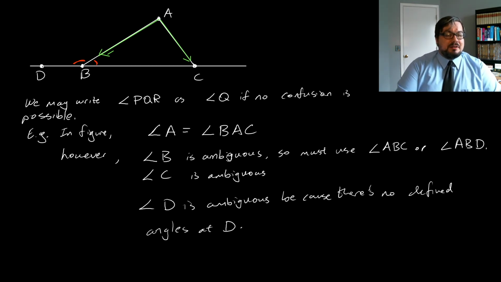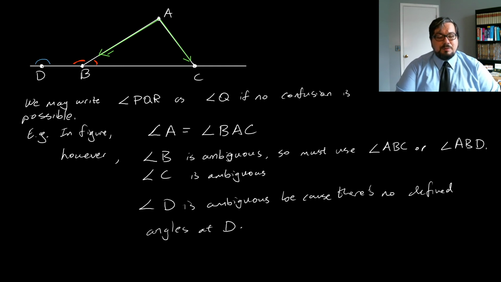Let me point out here that in contrast with what we see in trigonometry and such, this is not considered an angle. We do not consider straight angles to be angles. Remember back in the definition from the last page, in order for angle BAC to even be defined, we required that A, B, and C be non-collinear.